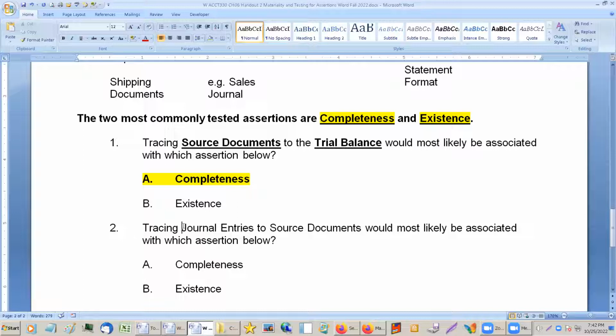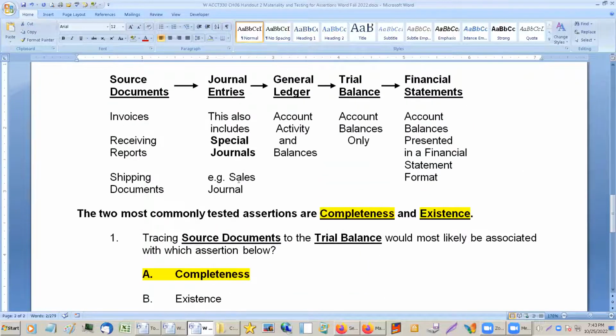Okay, tracing the journal entries to the source documents. So you're going from here to here. So here's the journal entries. You go, let's take a look and see the source documents behind these journal entries.